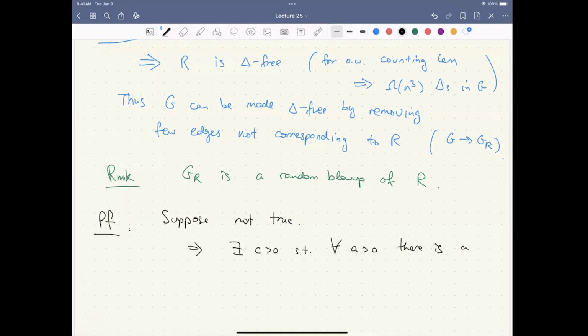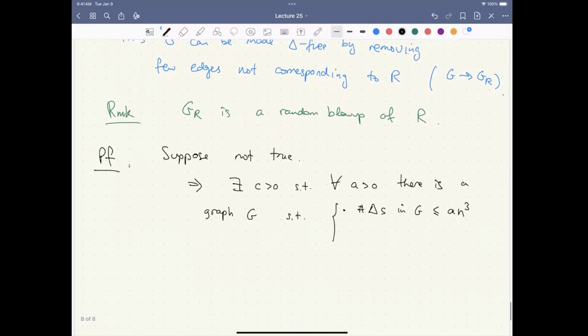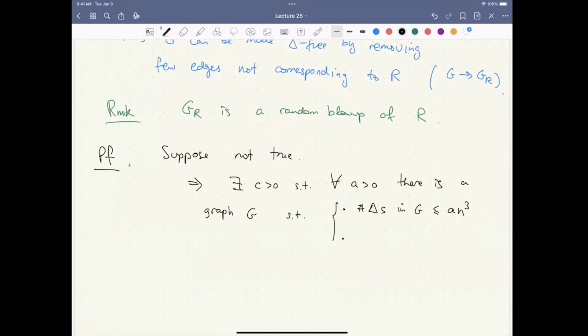There is a graph G such that it satisfies two things: the number of triangles in G is at most A n cubed, and the removal of any C n squared edges does not make it triangle free.